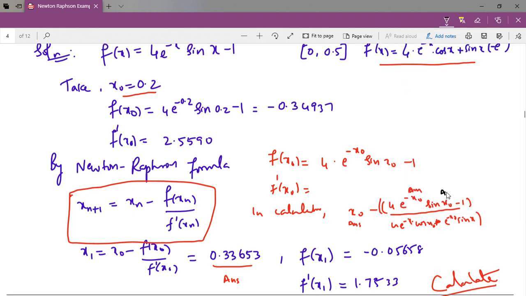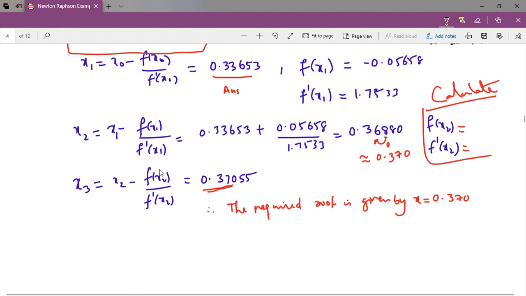So here also answer, here also answer. In place of x naught, if you feed this answer key and press equal to, immediately you are going to get the second iterated value, it is 0.36880. Okay, again if you press equal to, you get 0.37055.